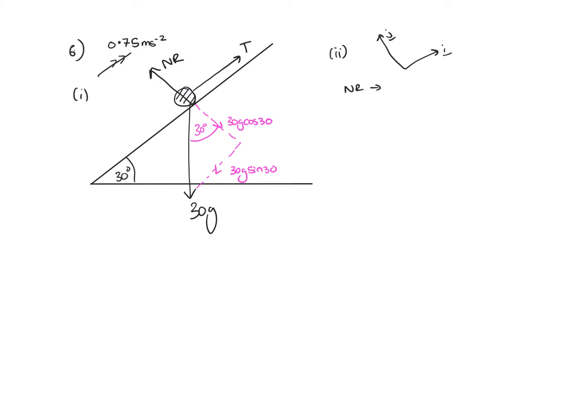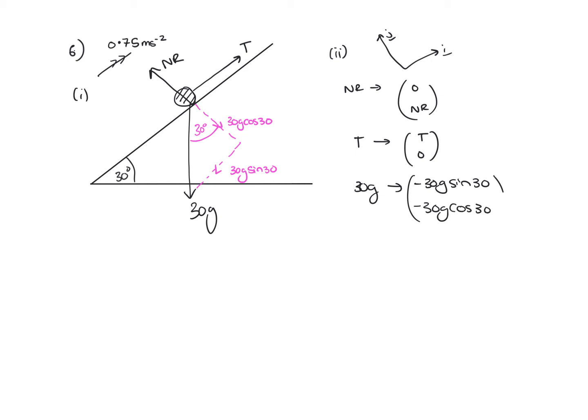Then the normal reaction in its vector form would be 0, nR. The tension would be T, 0, and the weight would be minus 30g sine 30, minus 30g cos 30. So those are the resolutions.